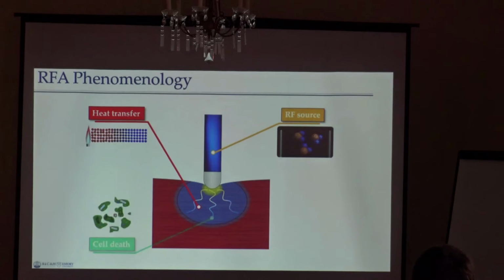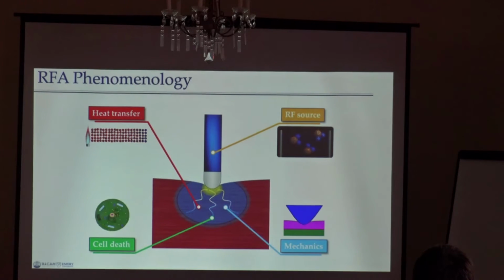To be more precise, we involve 4 different physical mechanisms. First one is mechanics, because the electrode must be pushed on the endocardium such that the contact surface is as much as possible. So there is a contact mechanics problem. Then you have a radiofrequency source.